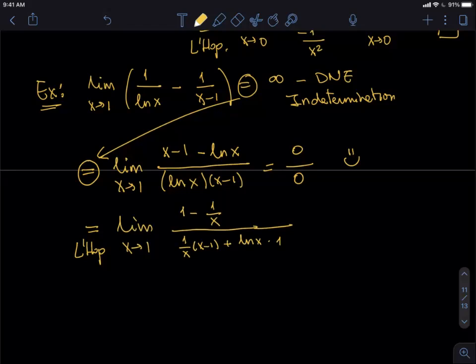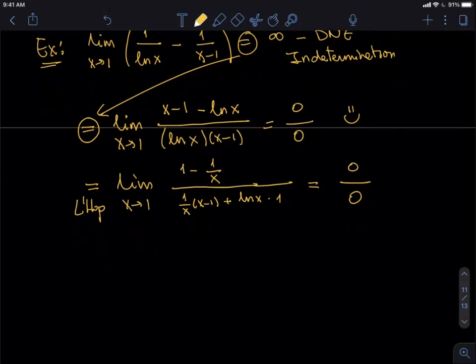Okay, and if I apply the limit now, what do I get? I get 0 divided by 0. All right, so we still need to work a little bit more. Should I simplify it?